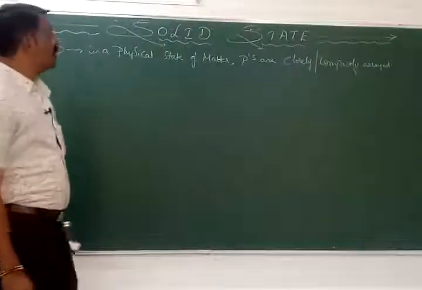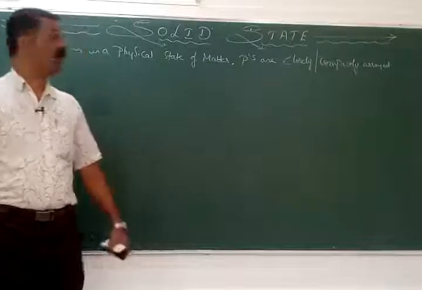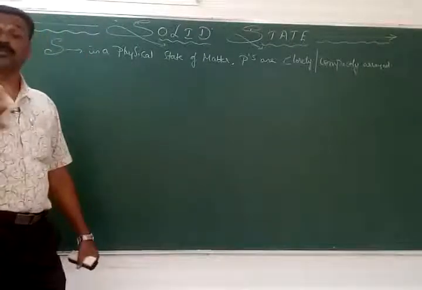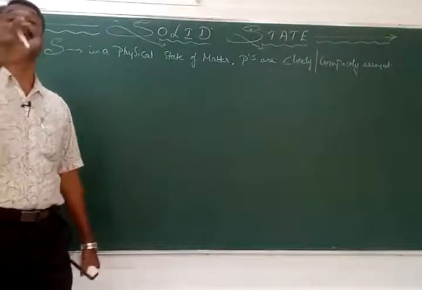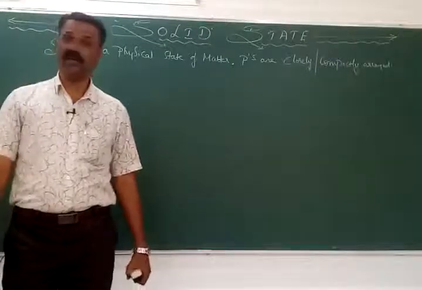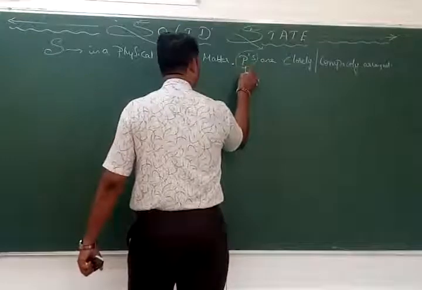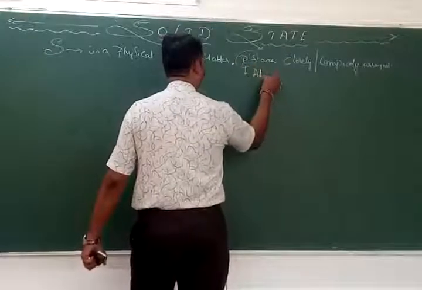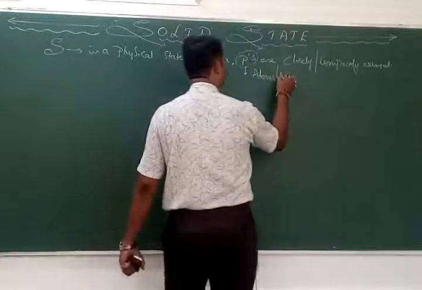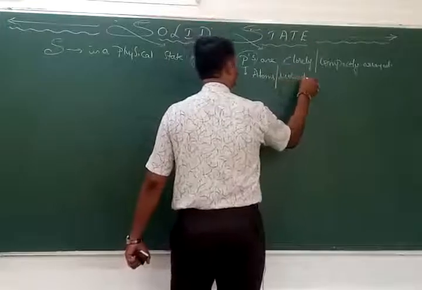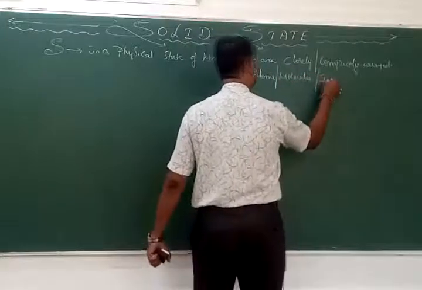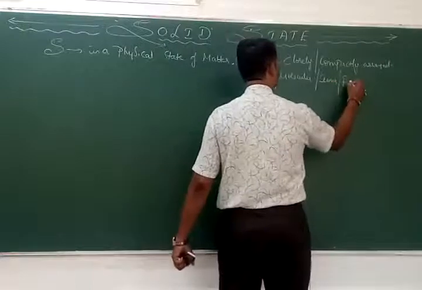Therefore, how do we define that particular state here? Solid is one of the physical states of matter wherein the particles are closely and compactly arranged with higher rigidity. Usually, these particles may be in the form of atoms, molecules, or ions.